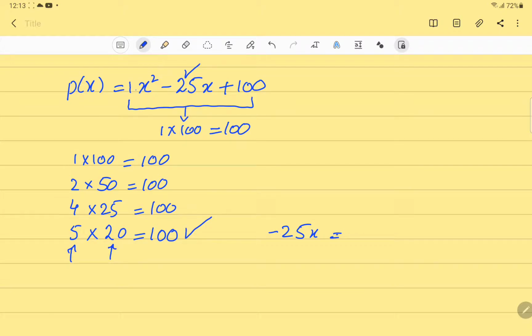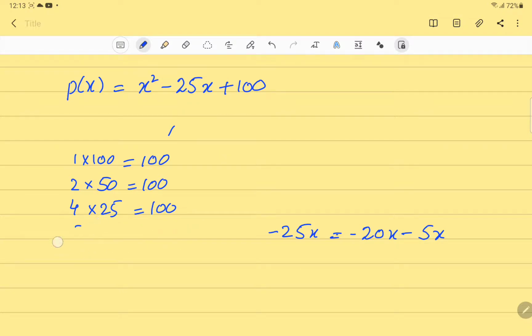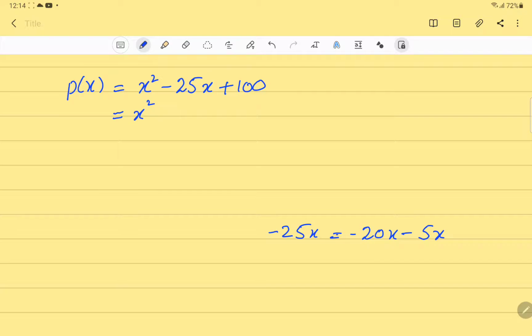So we will write minus 20x minus 5x plus 100.